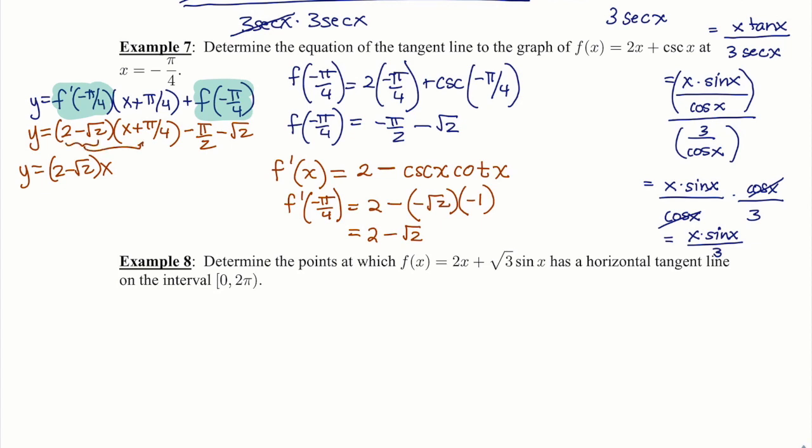I'm going to multiply that with the pi over 4. And that's going to give me plus 2 pi over 4, which is pi over 2, minus square root of 2 pi over 4, minus pi over 2, minus square root of 2.